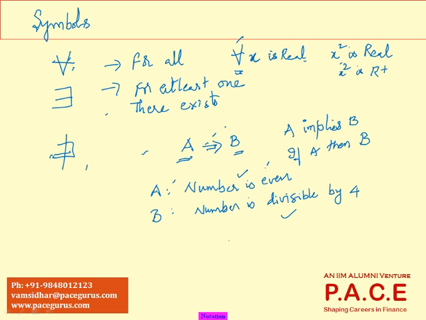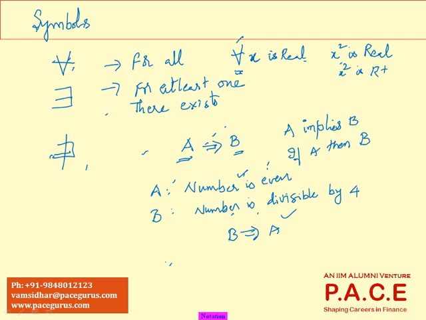So I cannot make a statement saying if a number is even, it is divisible by 4, which means A is not implying B. But look at the other relation, B implies A. If the number is divisible by 4, it is definitely even. It cannot be an odd number at all. So B implies A is coming from this statement, but not A implies B.